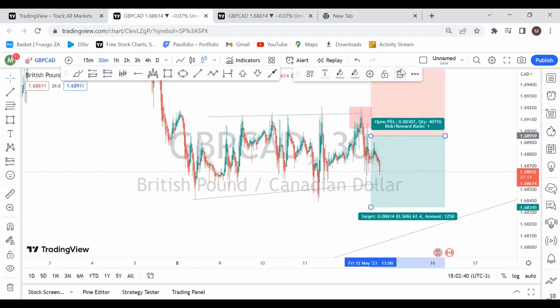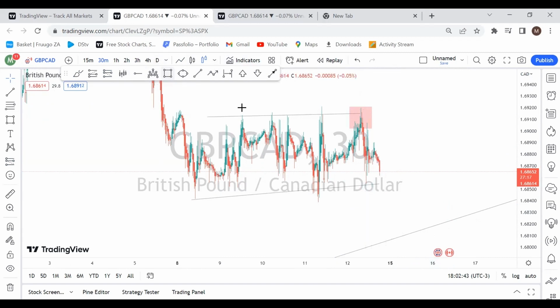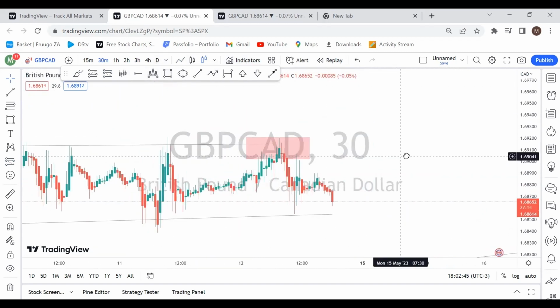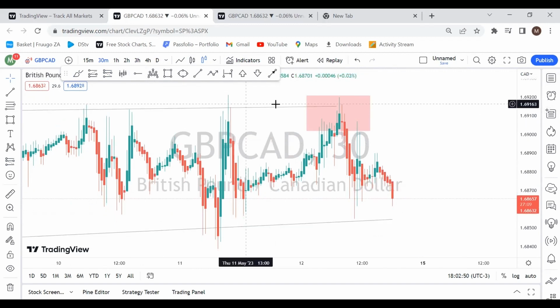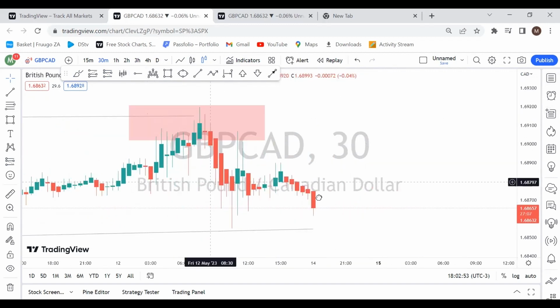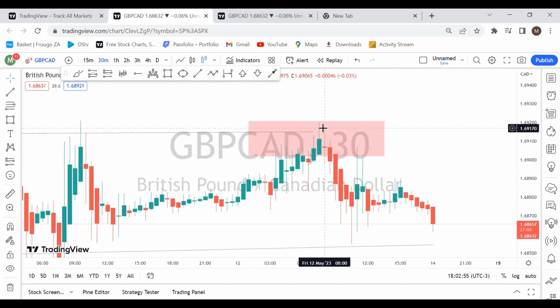So usually how I would enter, right? I would enter after a few candlesticks, right? So as you can see in this case, we had a nice rejection candlestick, right? A reversal candlestick right here. Perfect. Followed by a bearish candlestick.